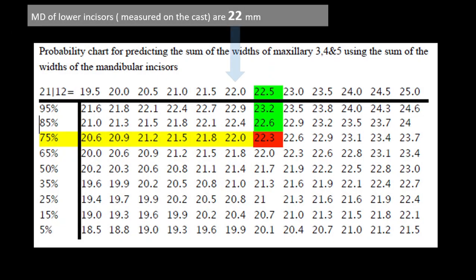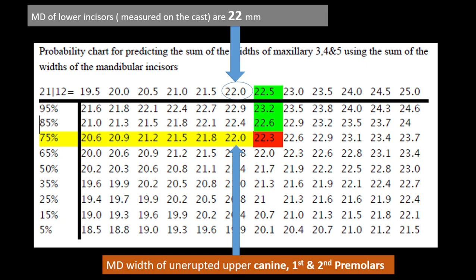We have another probability chart for the maxillary to predict the width of the maxillary 3, 4, and 5. Again, in our example, the mesiodistal width of the lower incisors was 22. We will go to the 75% level. So the estimation of the mesiodistal width of the unerupted upper canine, first and second premolar is 22.